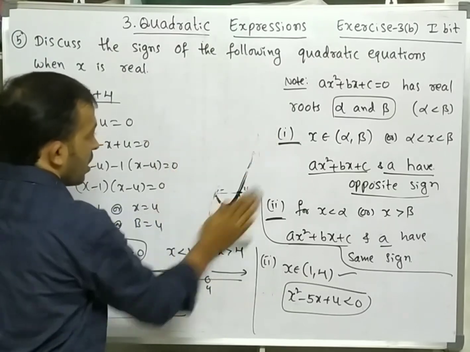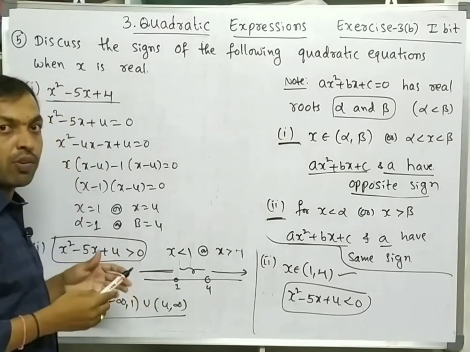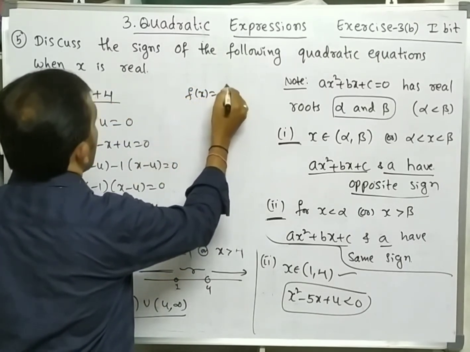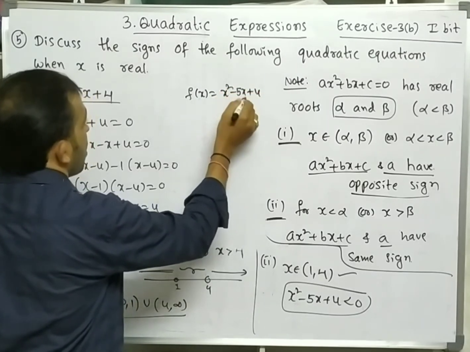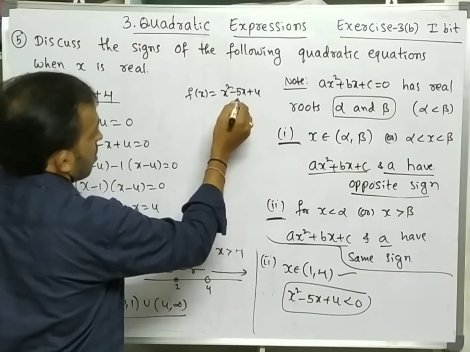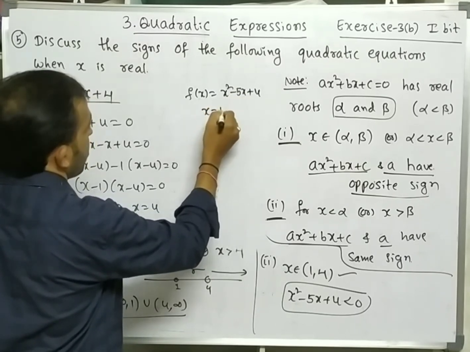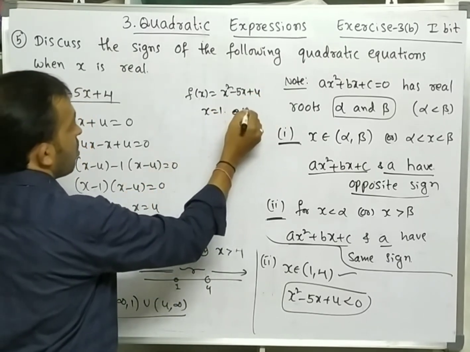Already in first year you have learned the first derivative test and second derivative test. As it is, f of x is equal to x square minus 5x plus 4, the sign changes at a critical point, that means equate to 0, you will get 1 or 4, right?